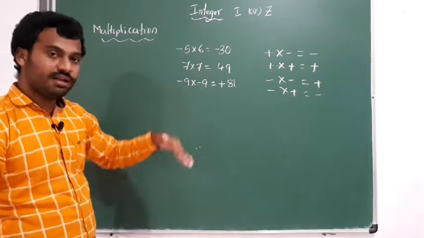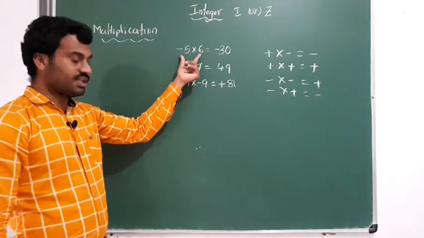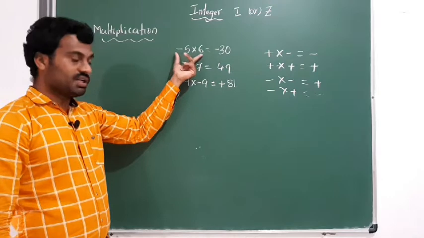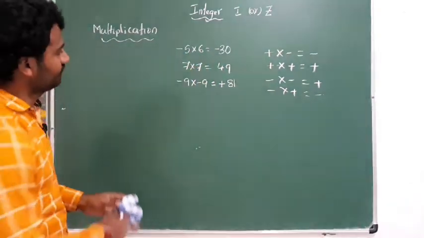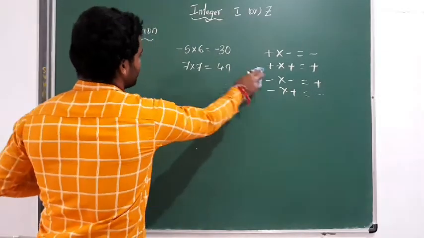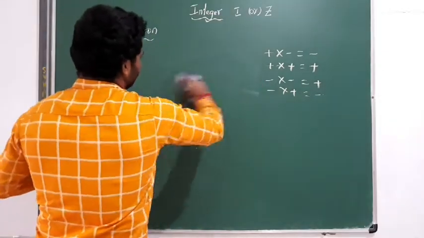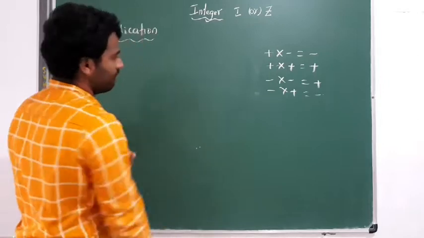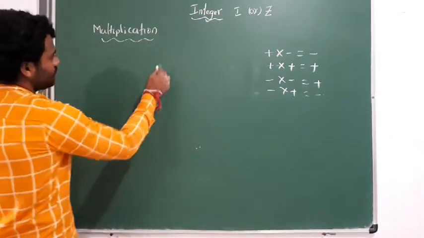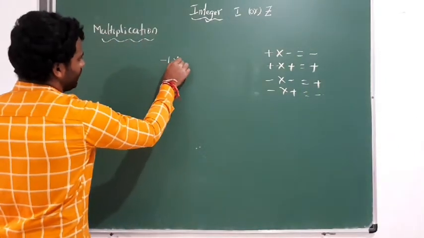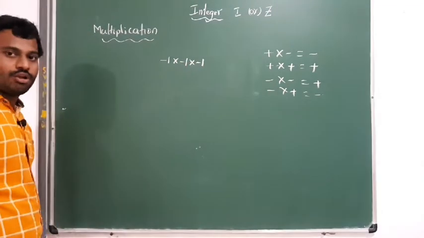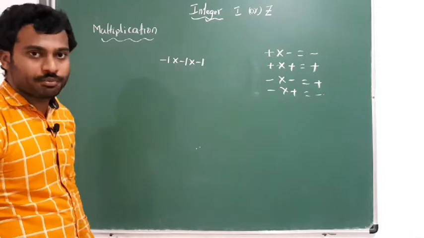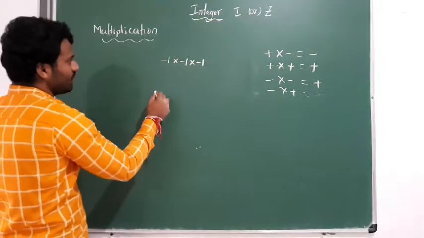If you are increasing the numbers, first it is two numbers multiplication. If you multiply three numbers, what do you have? Suppose all three numbers are negative. What will be the product? Simply, minus 1 into minus 1 into minus 1. Twice, if you are multiplying with the negative, you get positive.